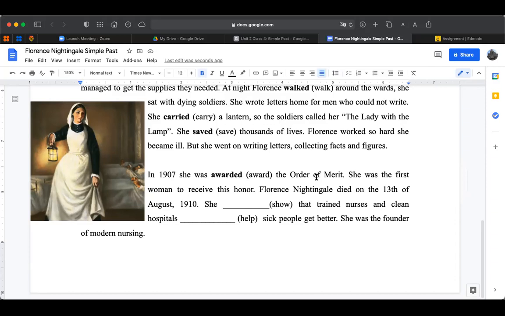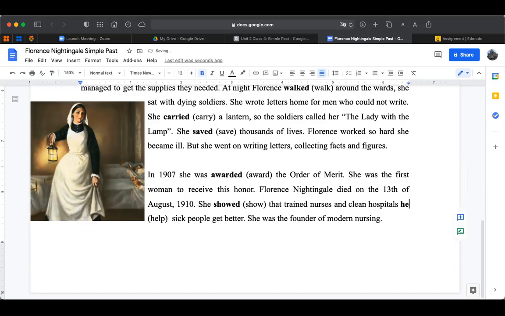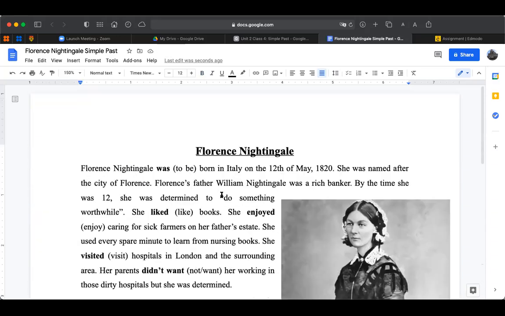Florence Nightingale died on the 13th of August in 1910. She showed that trained nurses and clean hospitals helped sick people get better. She was the founder of modern nursing. Okay, very good. Very good.